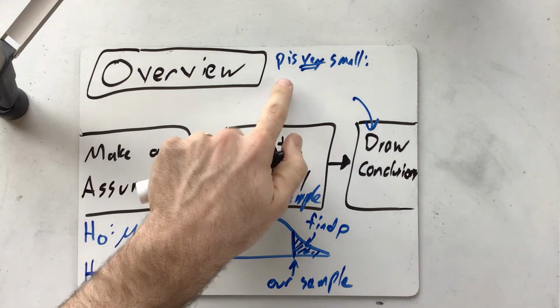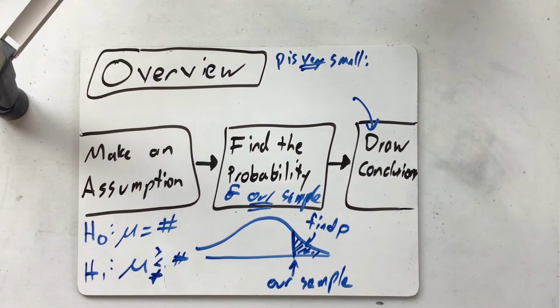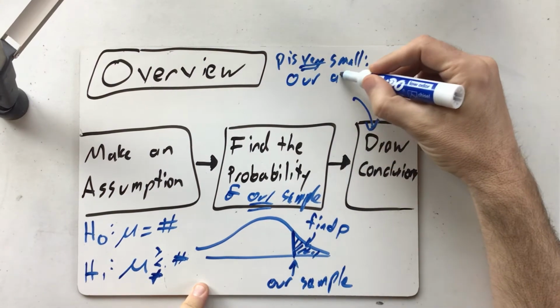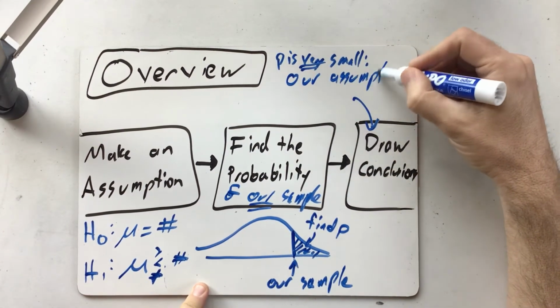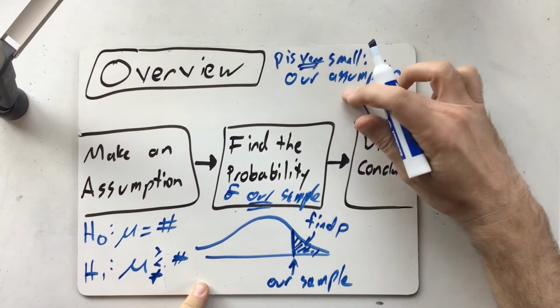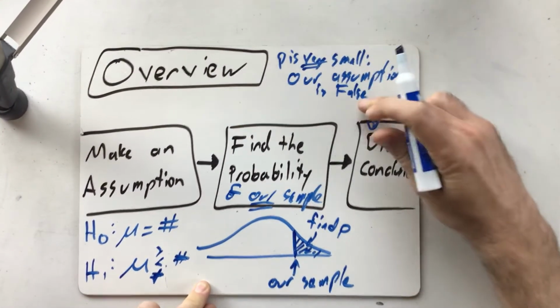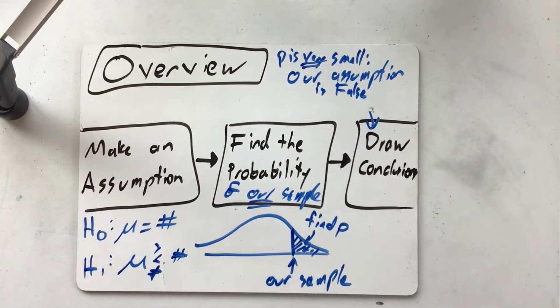And if your P is very, very small, that means that the probability of you selecting these people by random was almost zero. So if it's very small, then what we'll assume is our assumption was wrong. Our assumption is false. So if P is very small, we assume our assumption is false.